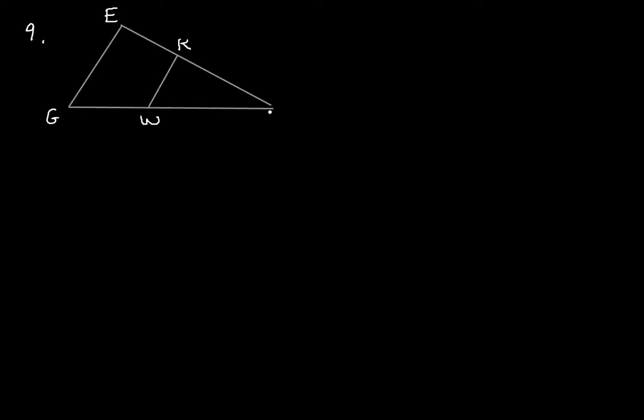KWH. All right, here we go. It's telling us that KW is parallel to EG. And they want us to find the length of each indicated segment. So I'm just going to fill it in each time, I think. HE is 20.